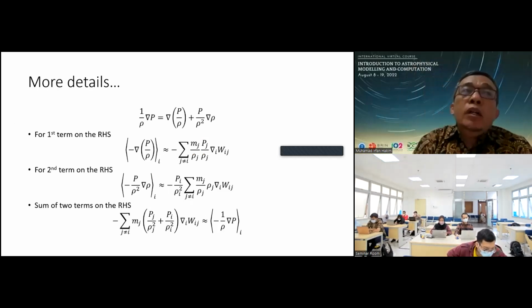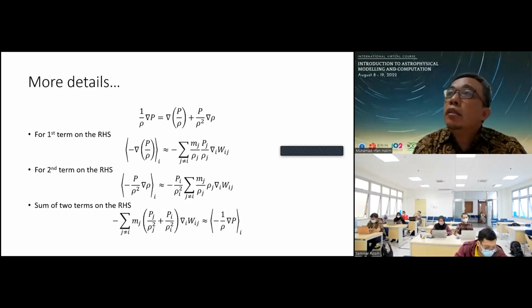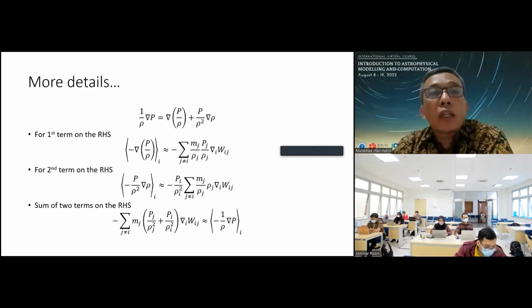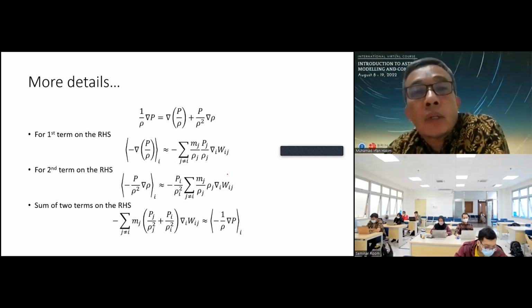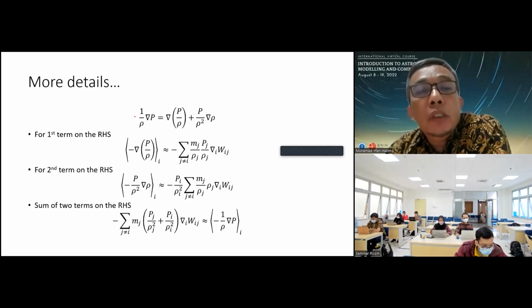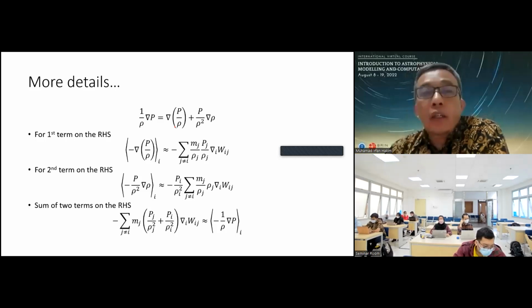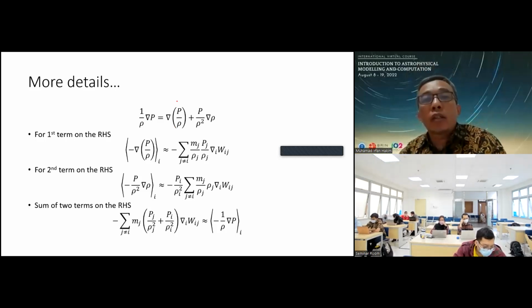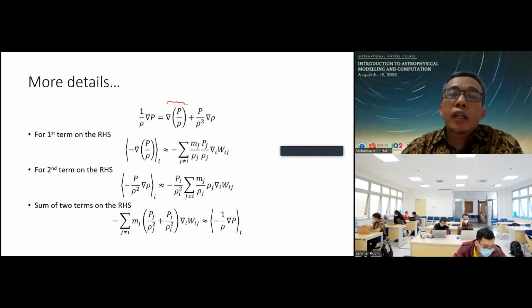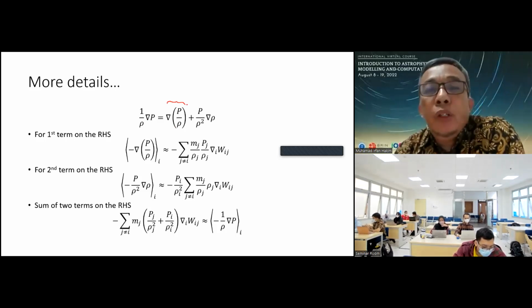Now, the first term of the motion is about the pressure here. 1 on rho grad P, and we expand this grad of P on rho here.